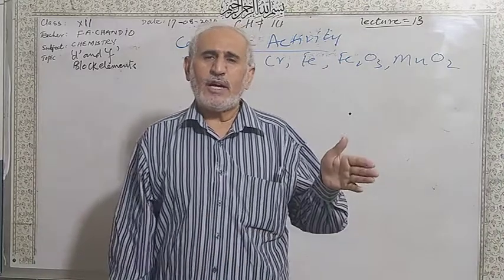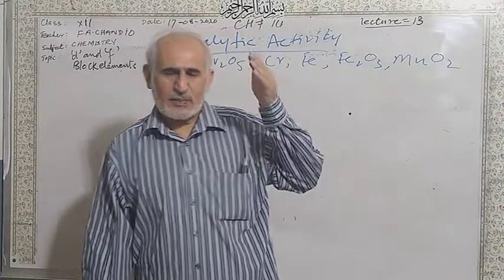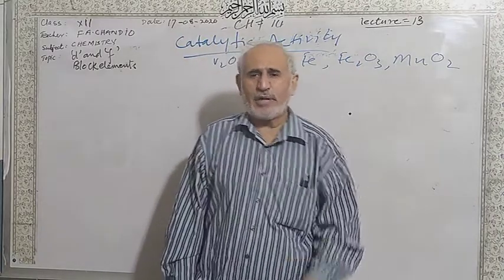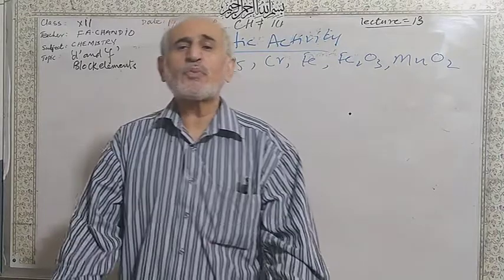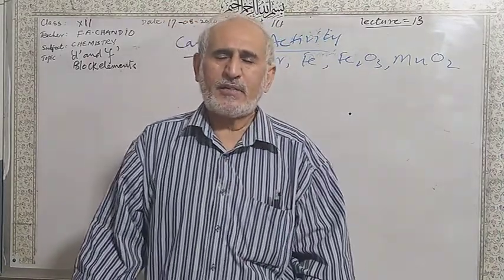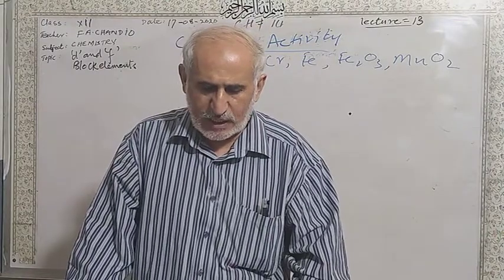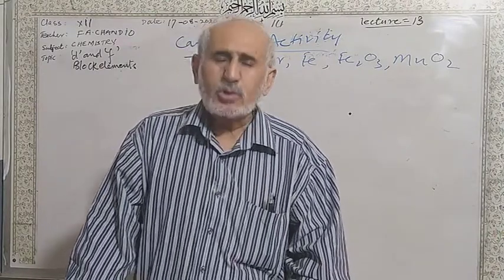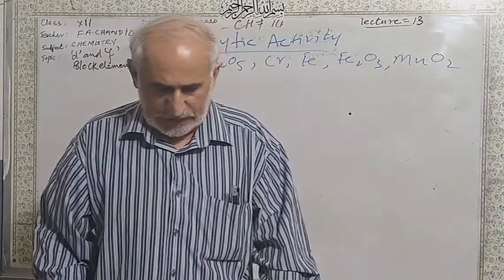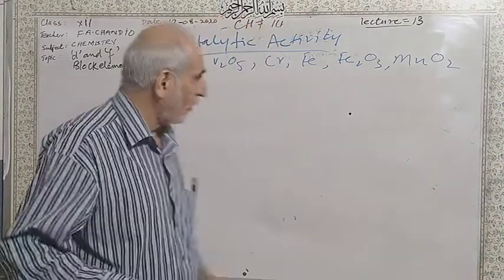When you use a specific catalyst for a specific chemical reaction, if the reaction is slow, then you have to use a promoter to increase the activity of the catalyst further. So these are called promoters. Dear students, this is about the catalytic activity of the d block elements.